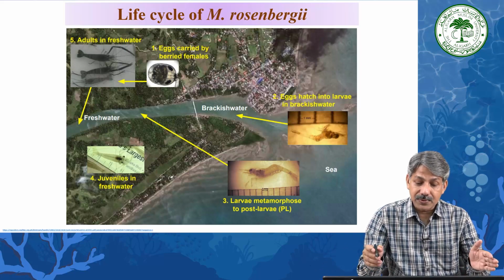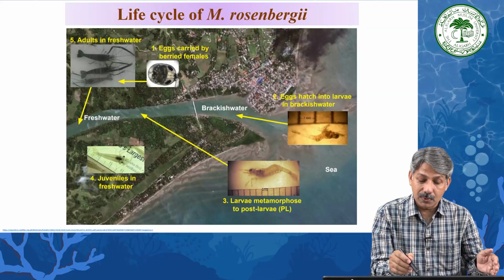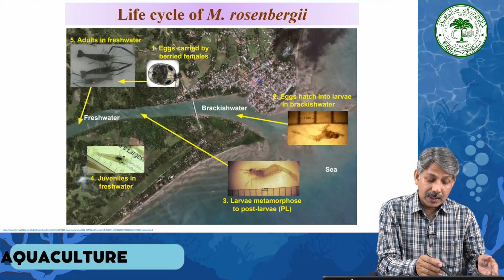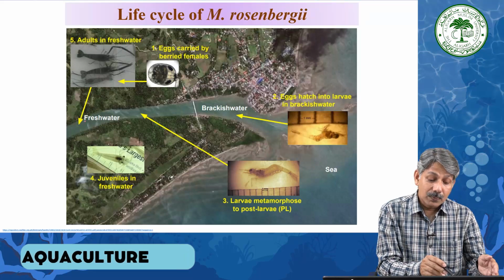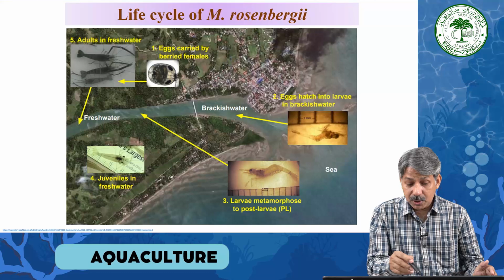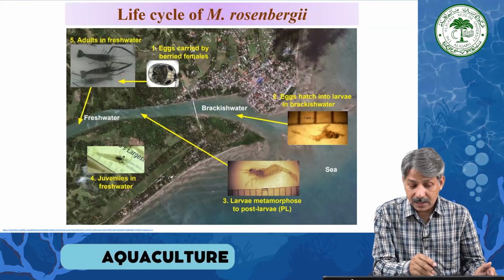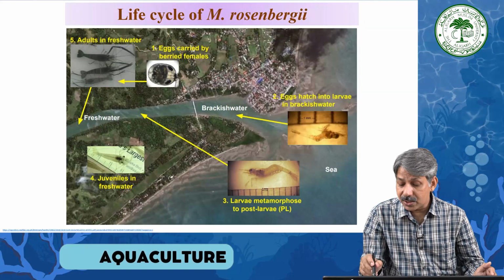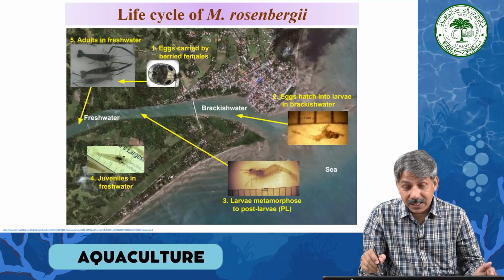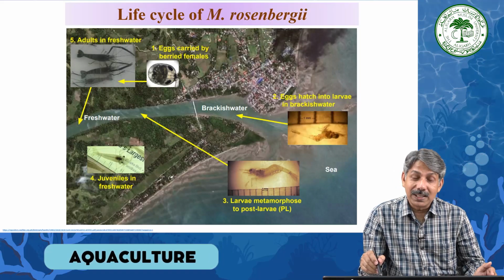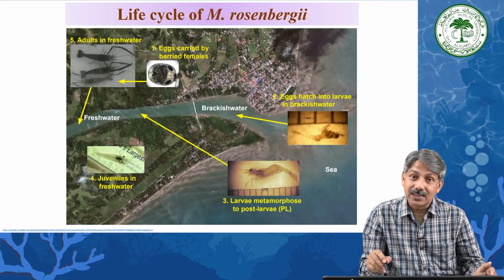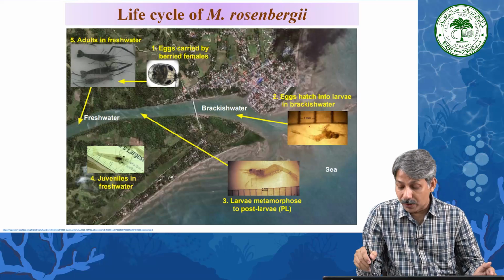Here is shown the life cycle of rosenbergii. If you start from here, number one, eggs are carried by berried females. These berried females are found in freshwater. Number two, eggs hatch into larvae in brackish water. For their breeding, for larval development, they need brackish water, so that is why you have seen that these stages are distributed in brackish water.